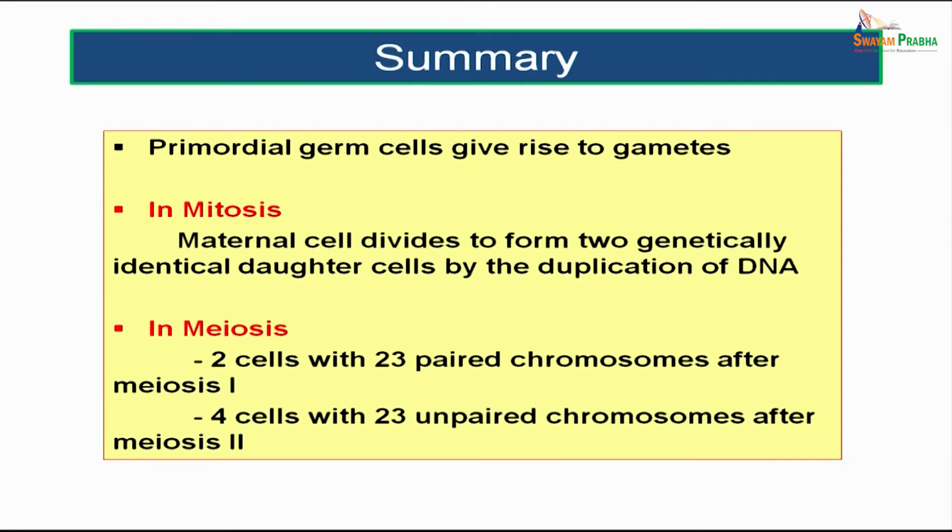One is meiosis 1 and the other one is meiosis 2. At the end of meiosis 1, we have 2 cells with 23 paired chromosomes, whereas at the end of meiosis 2, we have 4 cells still with 23 chromosomes, but this time it is unpaired. That is the difference between meiosis 1 and meiosis 2.